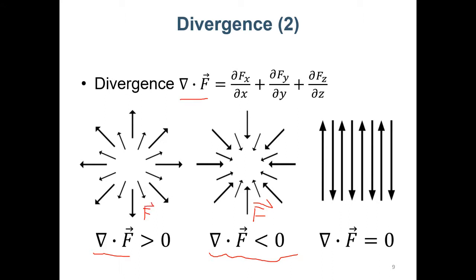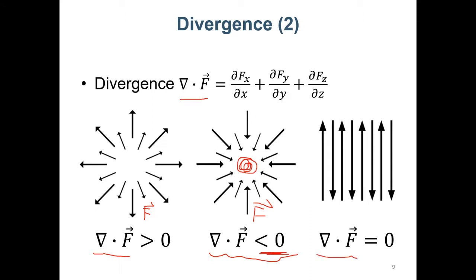Maybe some are pointing outward and some of them are pointing inward, but the overall to this point will be negative, which means there are more pointing inward than pointing outward, or maybe all of them are pointing inward.